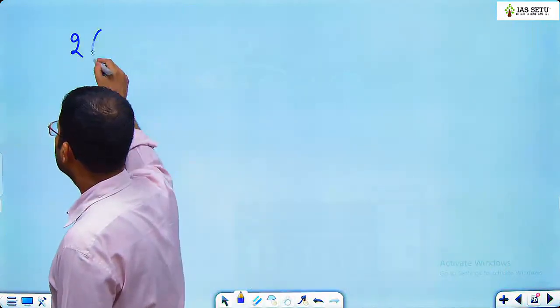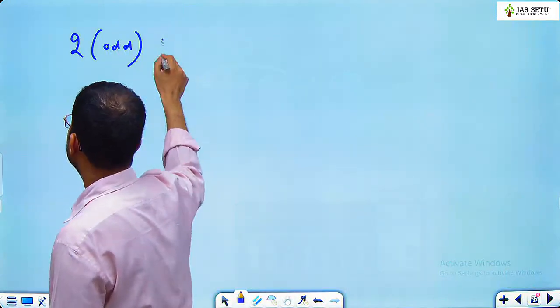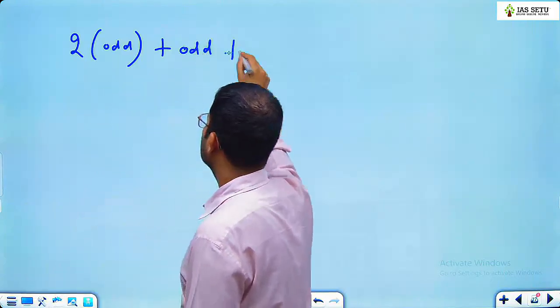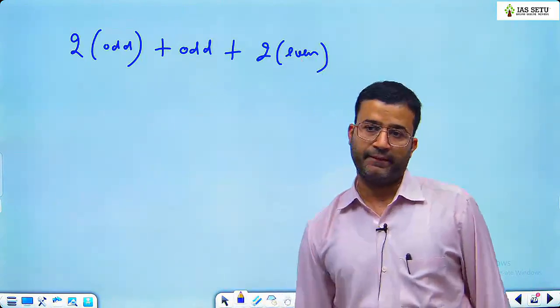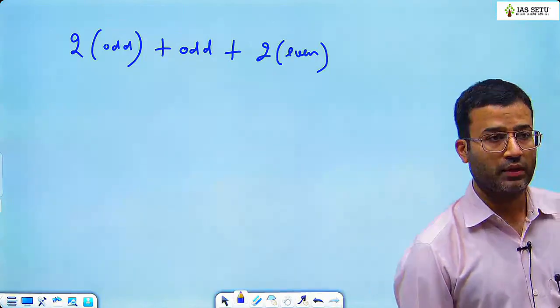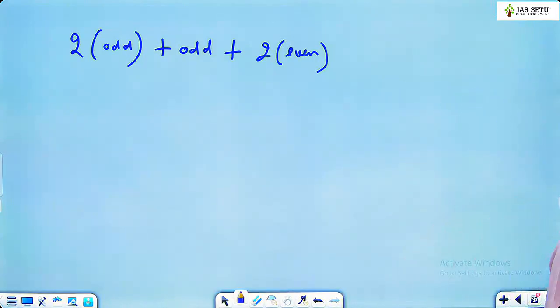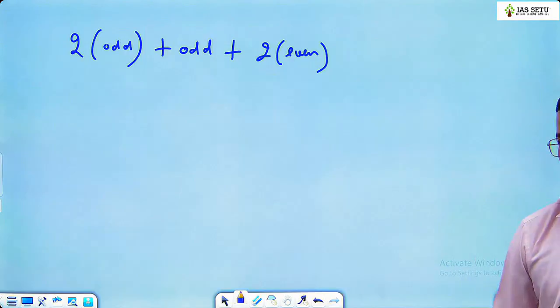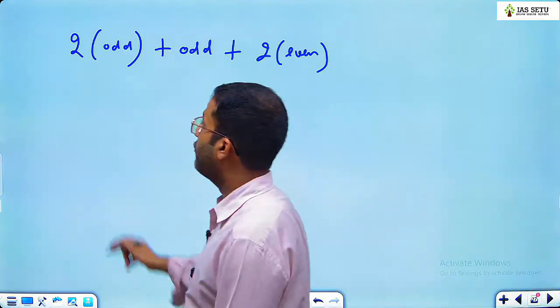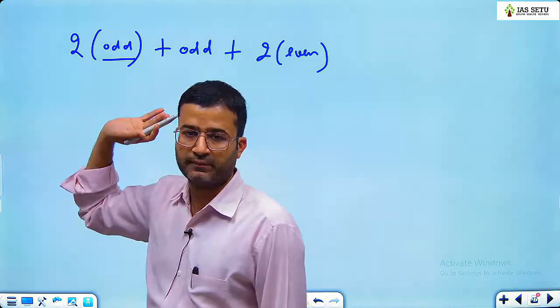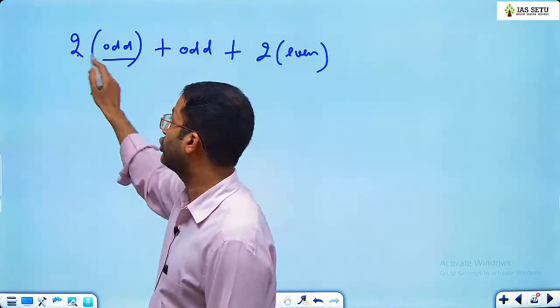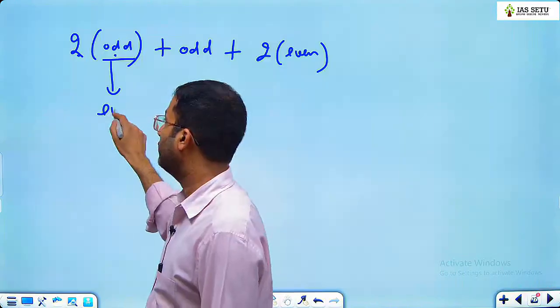Multiplying with an odd number, plus odd, plus 2 multiplied with an even number. When you multiply any number with 2, it becomes even. Whatever the number is, 2 multiplied with odd will be even.